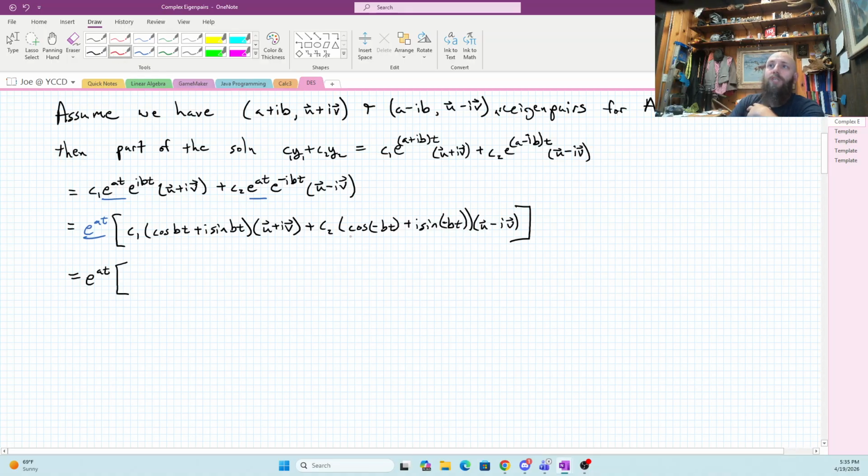So cosine is an even function, so that minus sign there becomes a plus sign. That's because cosine is even. Here, that minus sign can migrate out here, and that's because sine is odd.